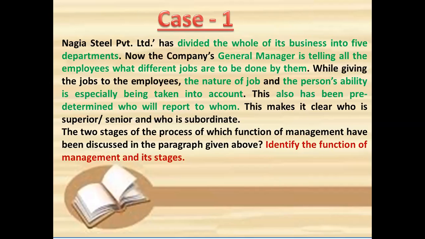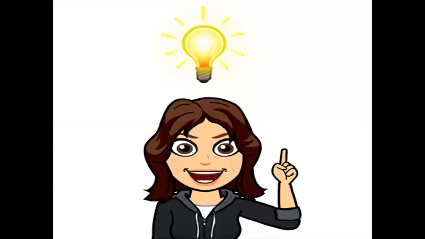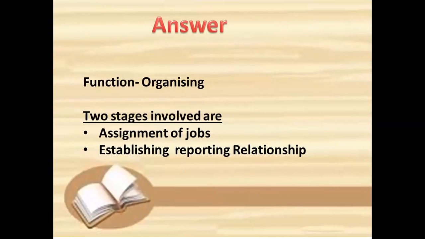So these key lines tell us, yes, the answer is here. It is the function organizing, because organizing is the function that talks about identification of work and grouping these work into similar kinds of groups. Then number 2, they are talking about 2 stages.